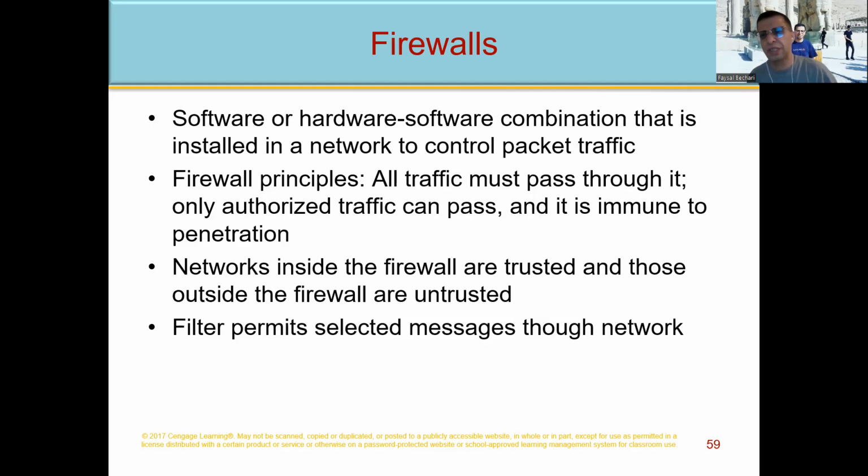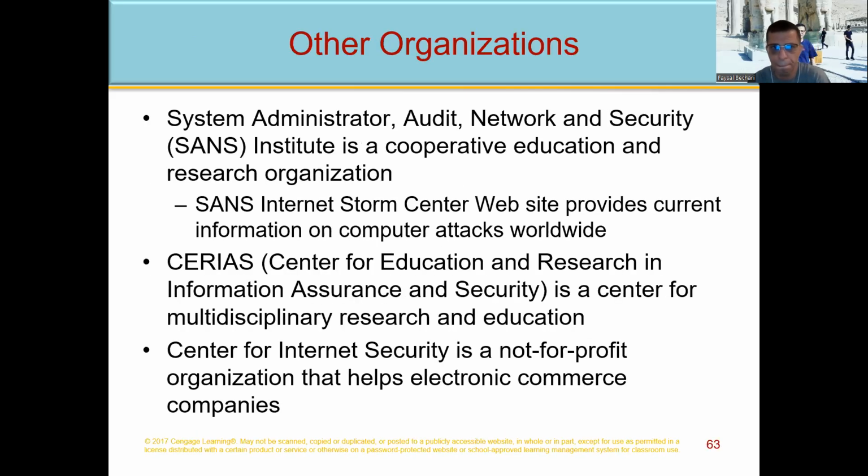In the old days, it slowed down the network. Now you don't feel it. The networks inside the firewall are trusted, and those outside the firewall are untrusted. So you set up who is supposed to access that network. There is a filter for selected messages through the network, basically.